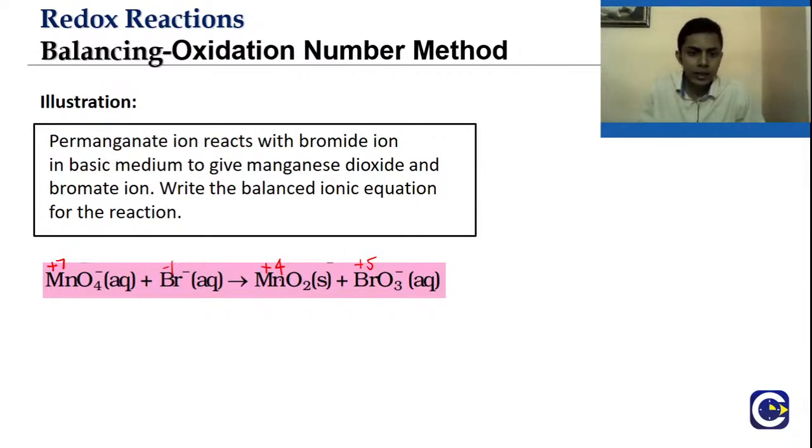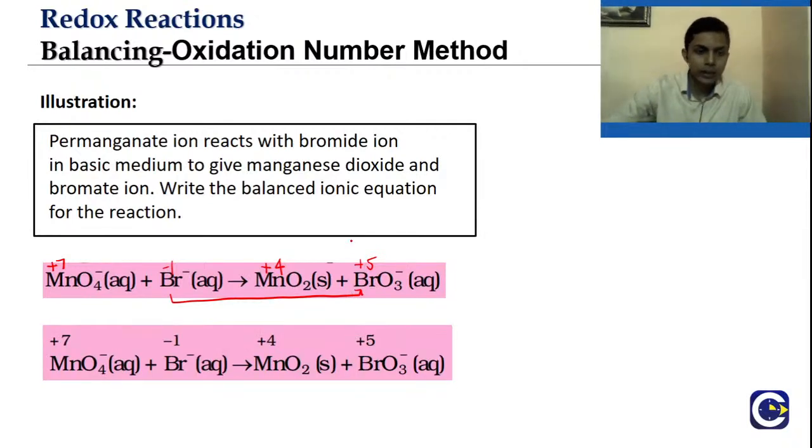You can cross validate. Just take the oxidation number as minus 2 for oxygen in all these cases. Then you will get plus 7, minus 1, plus 4, plus 5. So Br minus, as you can see here, is undergoing oxidation. And MnO4 minus to MnO2, plus 7 to plus 4, is undergoing reduction.